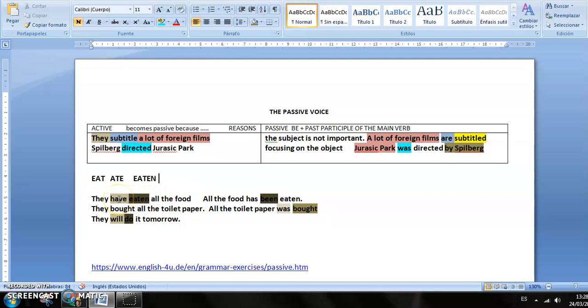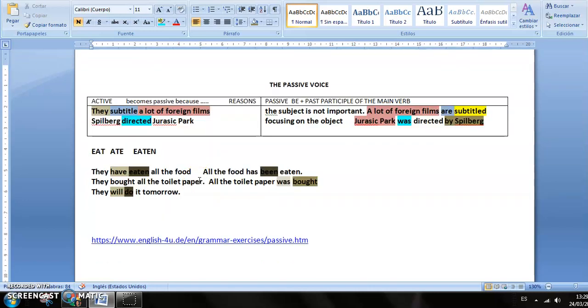Remember, with have, we make present perfect or past perfect with the past participle. And with the verb to be, okay, we make passive, alright? Passive: be plus past participle, okay?